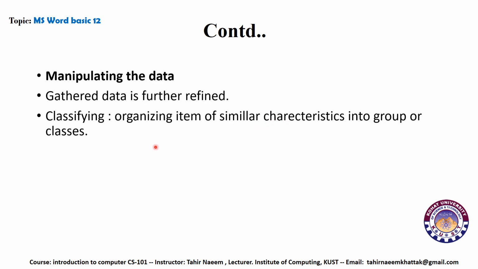This classification is based on a particular characteristic. This is called classification. The second step: when data is classified according to some characteristic, then it is sorted. Sorted means that we arrange it in a logical order, which may be in descending order or ascending order.